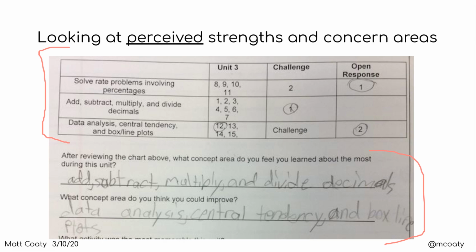So this person chose add, subtract, multiply, and divide decimals. And then where could you improve? Data analysis, central tendency, and box plots, it looks like. I tell the students, it doesn't necessarily have to be the area where you had incorrect answers. It also could be an area where maybe your quizzes weren't so hot, or you feel like you need some improvement.